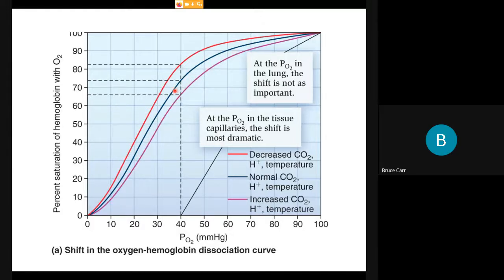Now, because hemoglobin is a tetramer, 4 chains, each chain can bind 1 oxygen molecule. 25% saturation at this point right here means that on average, the hemoglobin molecules in your sample are binding 1 out of the 4 sites. At this point right here, 25%. 50%, that's binding 2 out of 4. 75%, you're binding 3. And you'll notice we really flatten out up here.